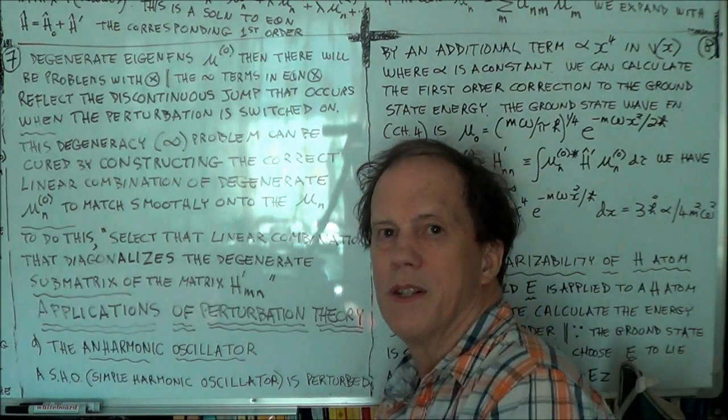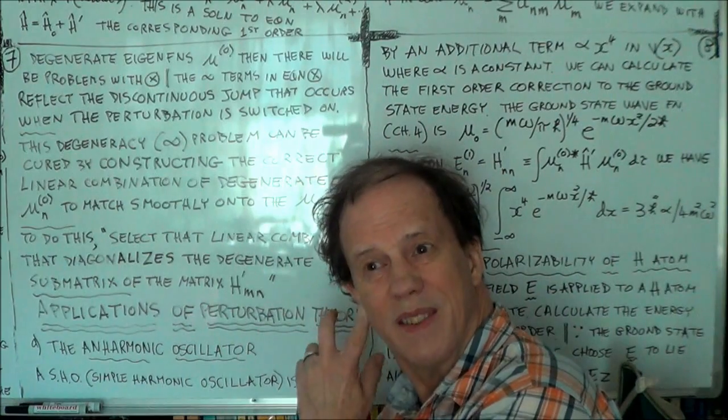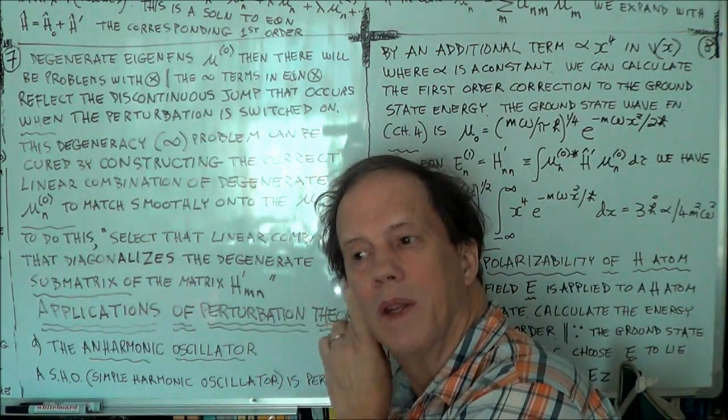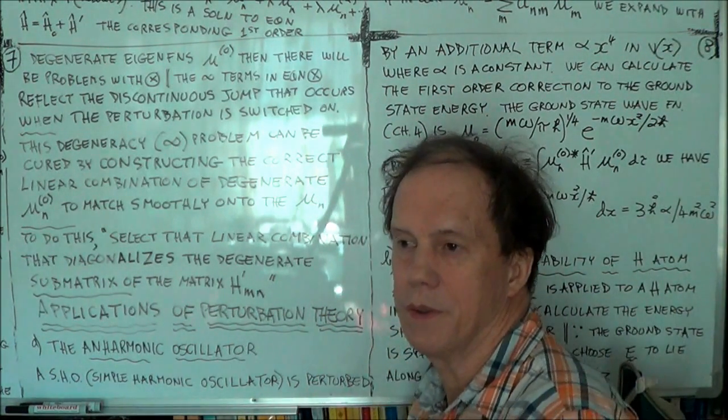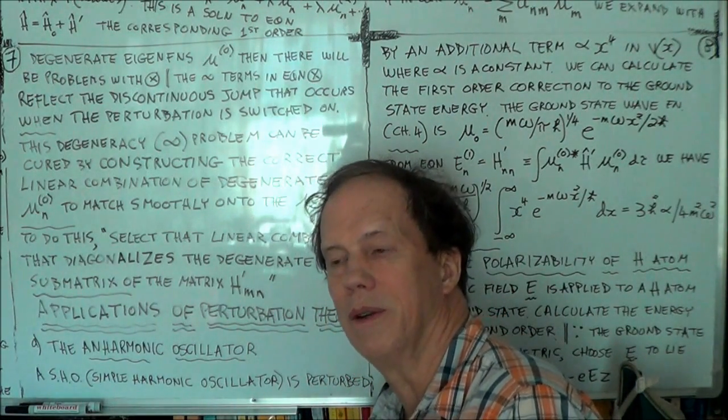Now, in the previous session, we were talking about the problem that arises in perturbation theory when you have degeneracy. In other words, when you have two or more eigenfunctions that have the same eigenvalue.